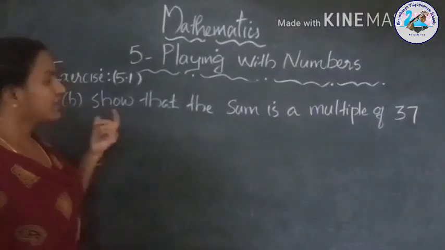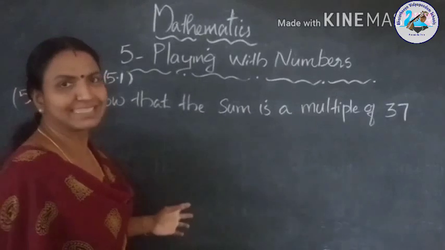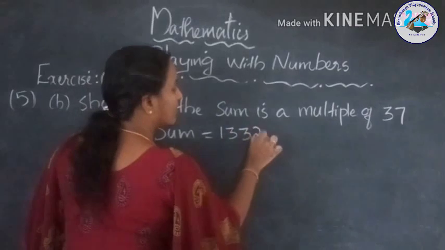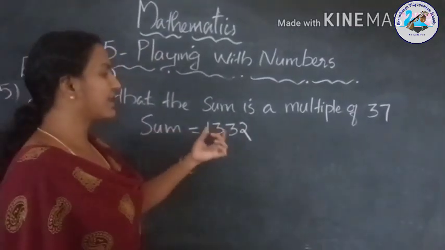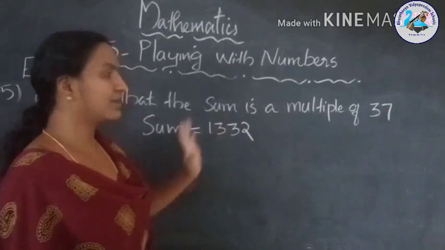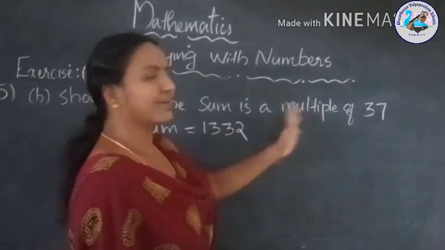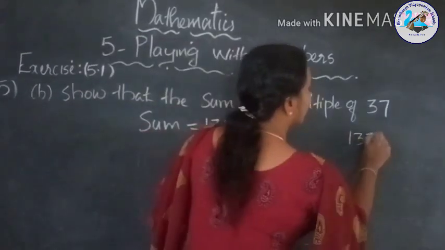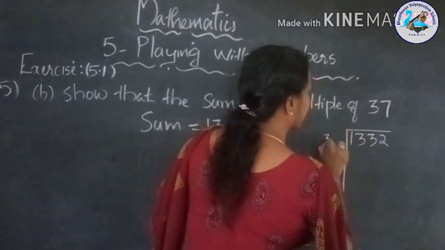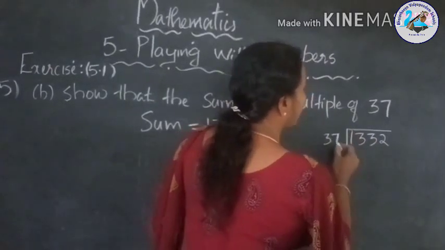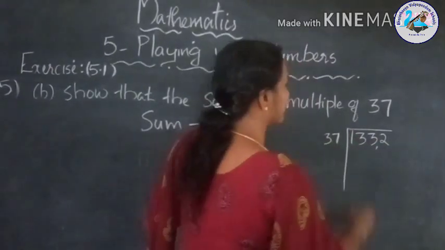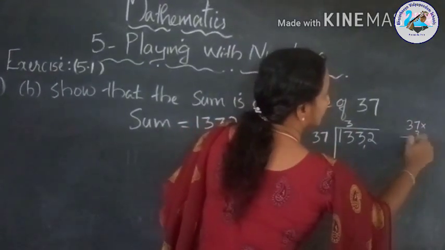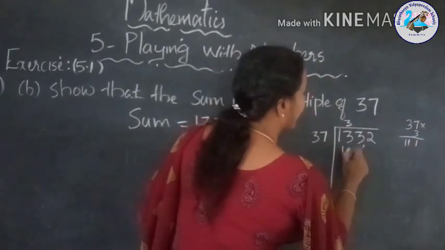Next option B, show that the sum is a multiple of 37. Here the sum is 1332. I have to show 1332 is a multiple of 37. You have to divide 1332 by 37. How many 37s are in 133? 3 37s are 111.